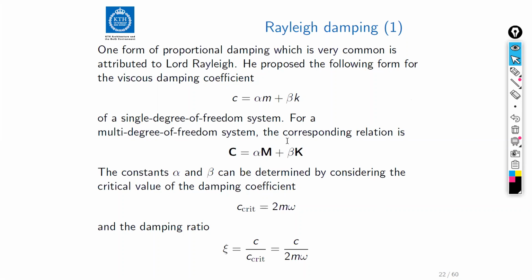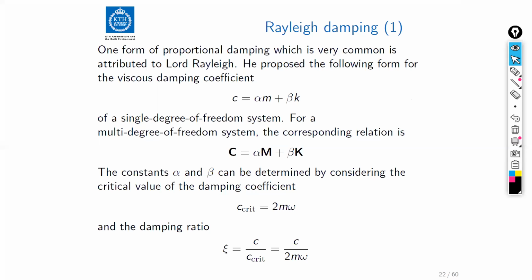And then in order to determine these constants, we can think of the critical value of the damping coefficient that we know from the viscous oscillator that it has this relation. And then the definition of the damping ratio, that is the damping coefficient over the critical damping coefficient.